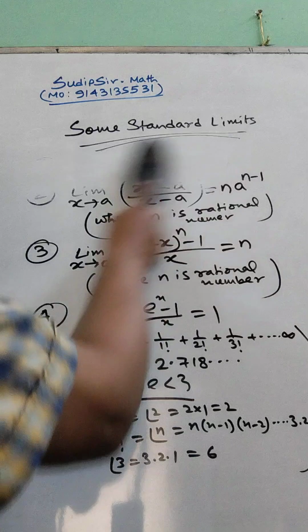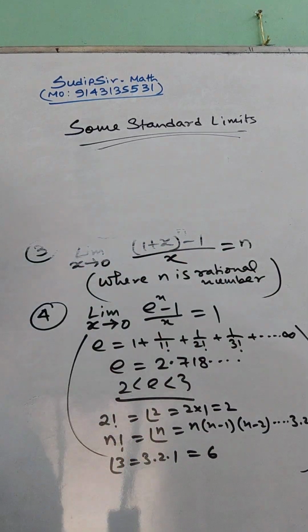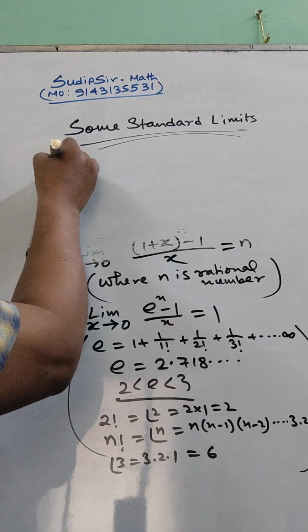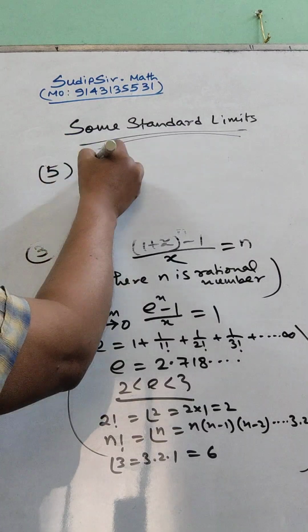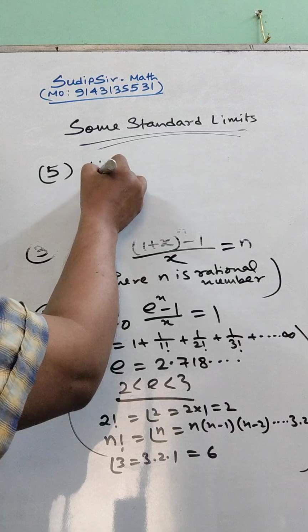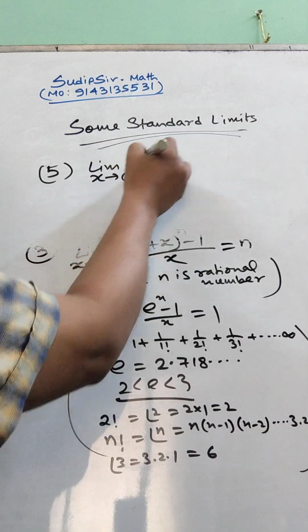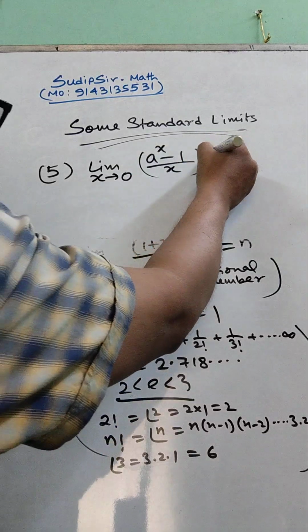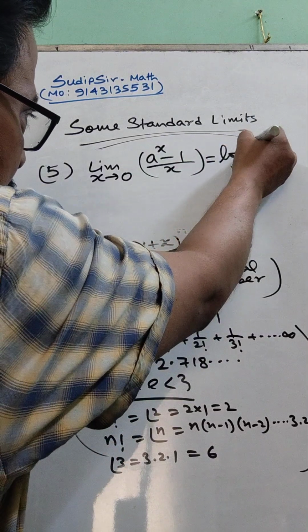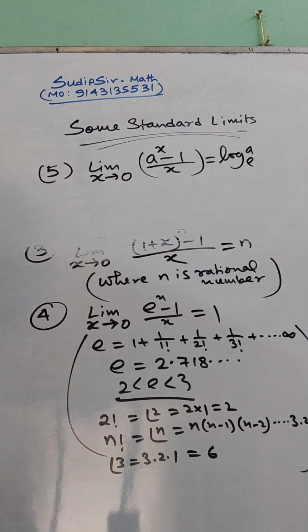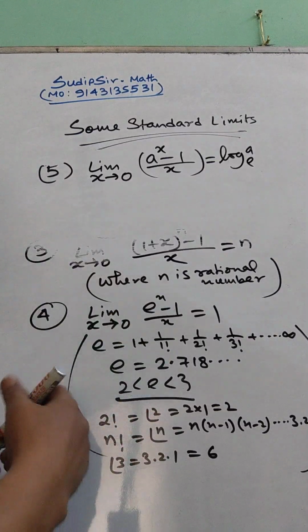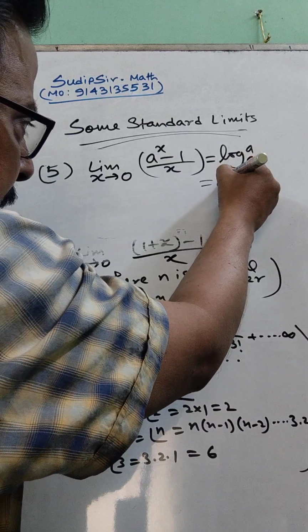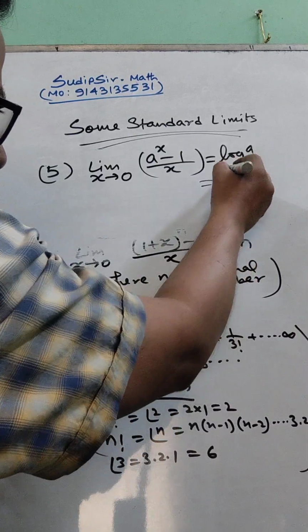Now the other formula, other than e: the limit as x tends to 0 of (a to the power x minus 1) by x will be log a, or directly you can write ln a.